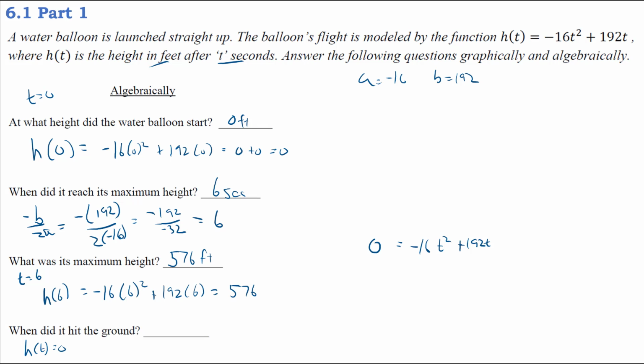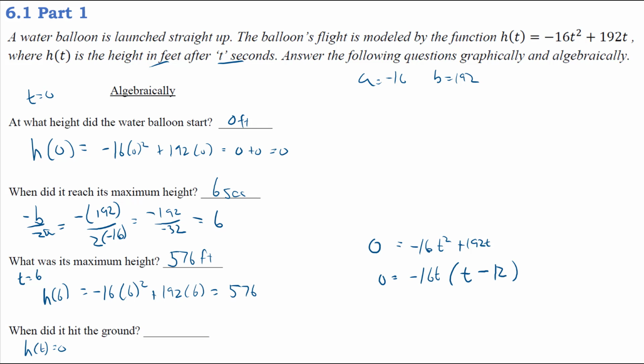So 0 equals negative 16t times, and we should get a t, because negative 16t times t is just negative 16t squared. Then we'll say minus, because we want to have a plus 192, so negative times negative gives a plus. So minus, and then 192 divided by 16 is 12.